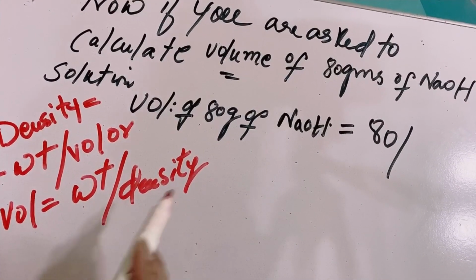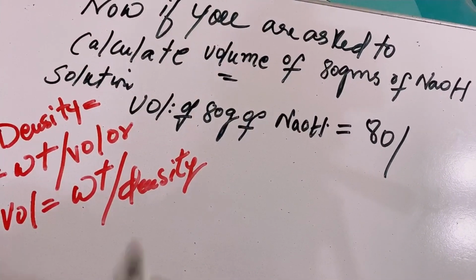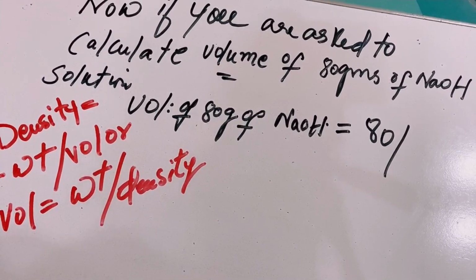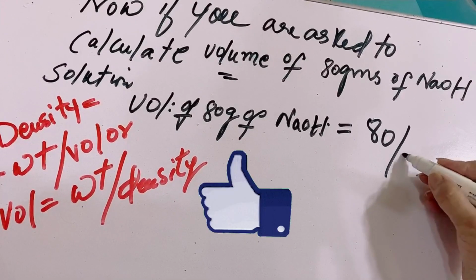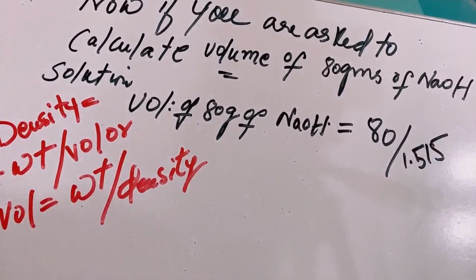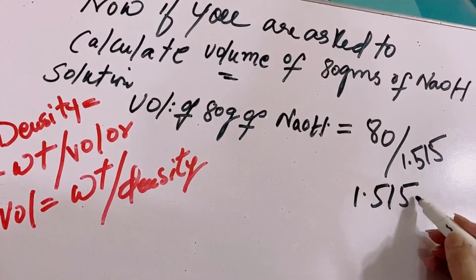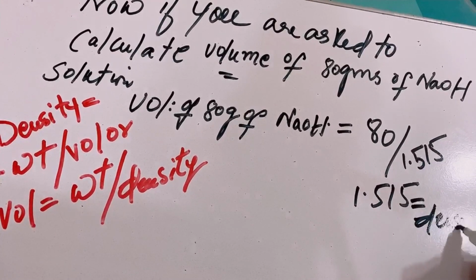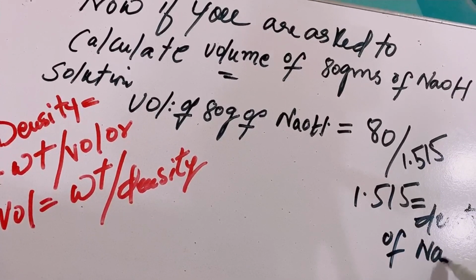So now in our problem, the volume of 80 grams of sodium hydroxide equals 80 over 1.515, as 1.515 is the density of NaOH.